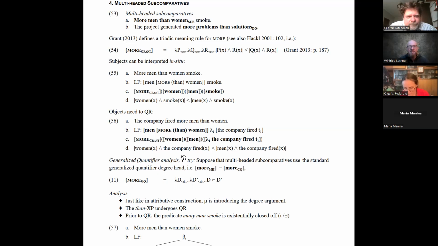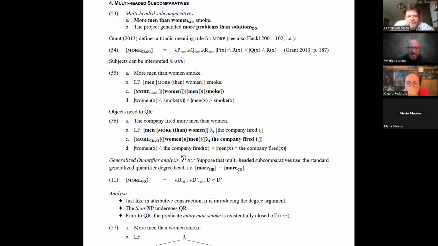Now, one question that immediately comes to mind, and this was one of the main motivations to work on this a little bit more, is: whenever you find lexical ambiguity, in particular in the functional domain, it leads you to investigate whether it's possible to redefine the ingredients in such a way that the ambiguity goes away.